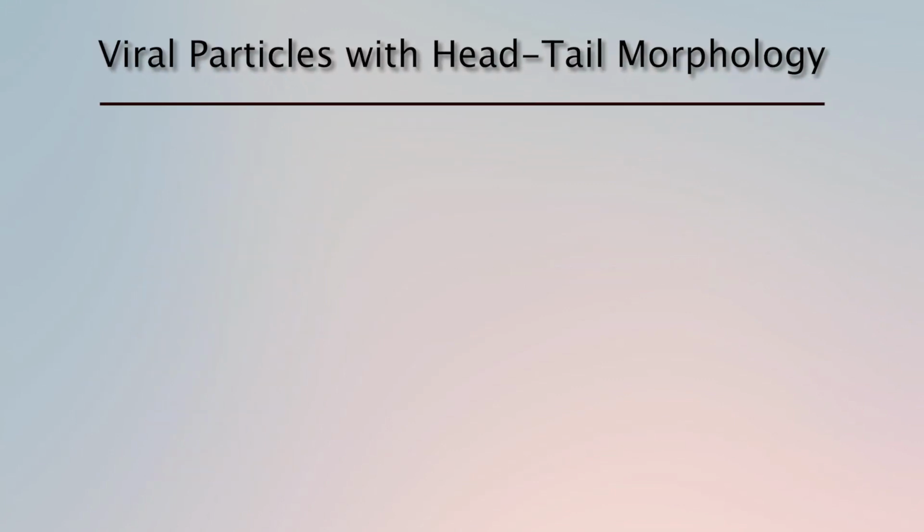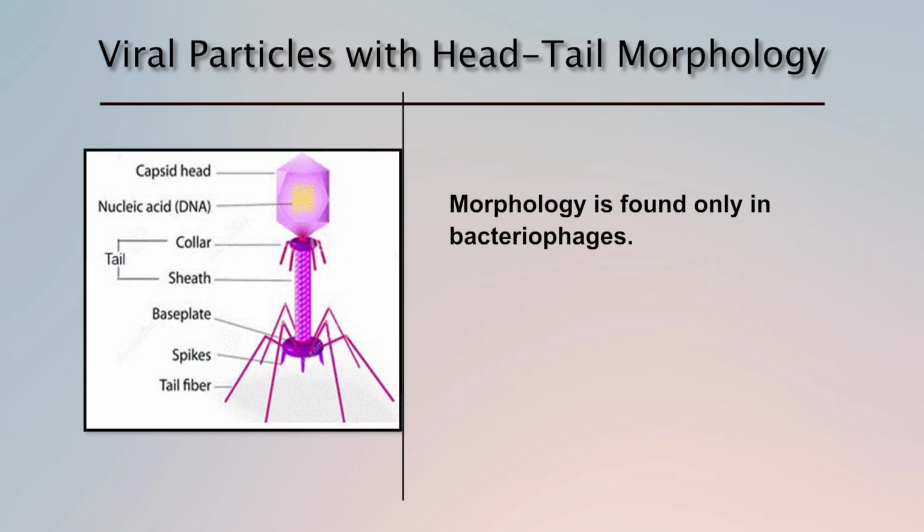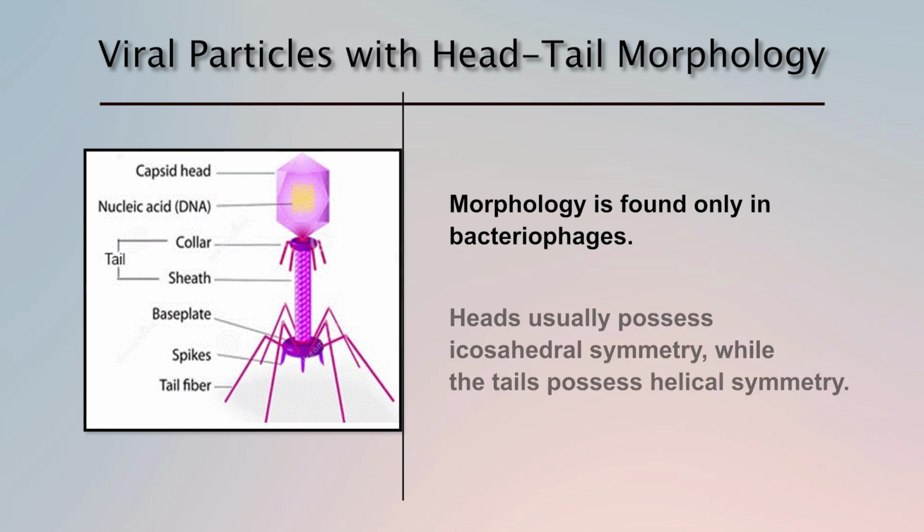So, still there are other diverse forms of virus like that of head-tail morphology, which is also known as binal symmetry. What is that? It is nothing but a head with icosahedral symmetry and a tail with helical symmetry.